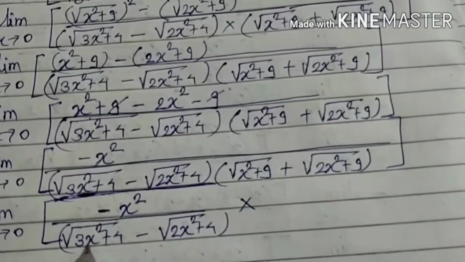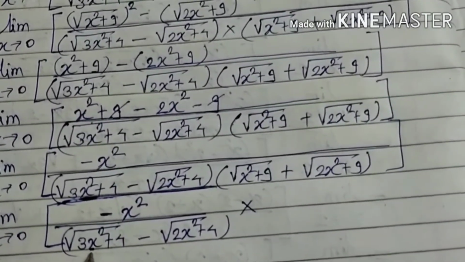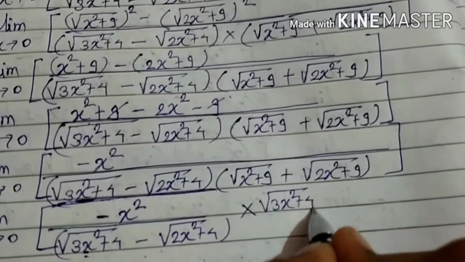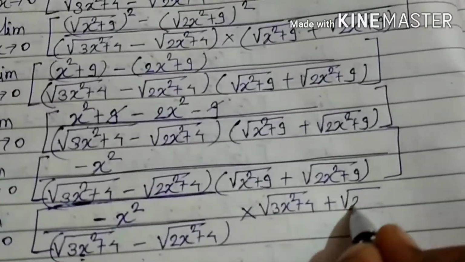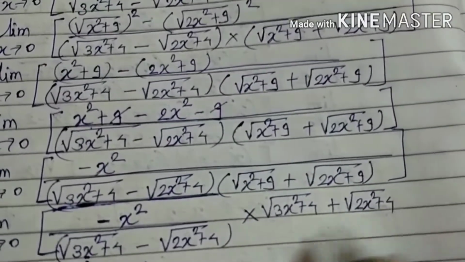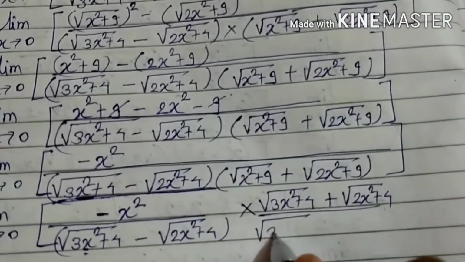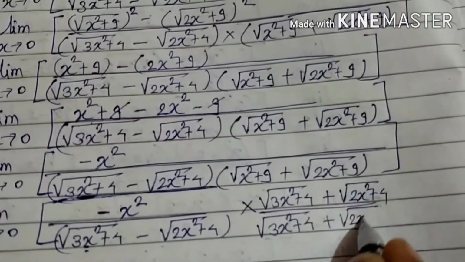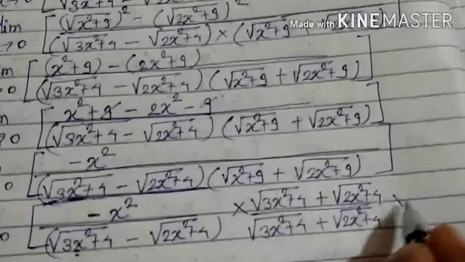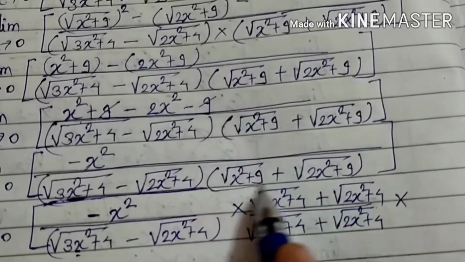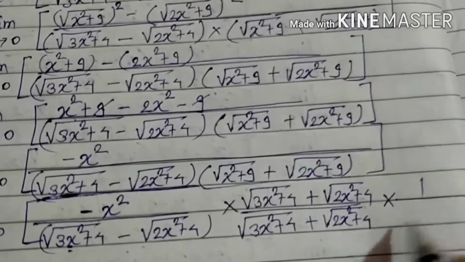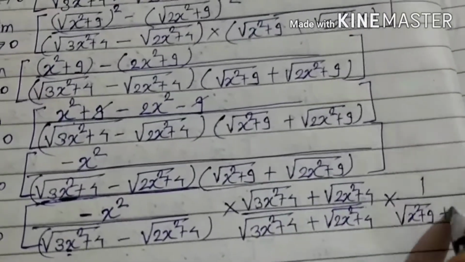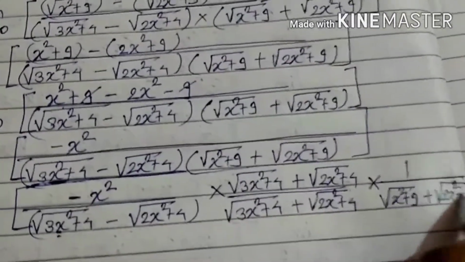Into, now take the conjugate of this term, so it is 3x square plus 4 plus under root of 2x square plus 4 divided by, and don't forget this term, so it is 1 upon under root of x square plus 9 plus under root of 2x square plus 9.